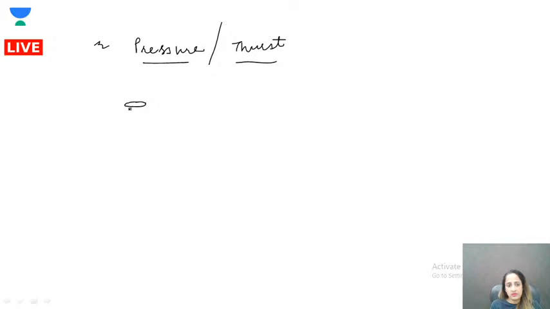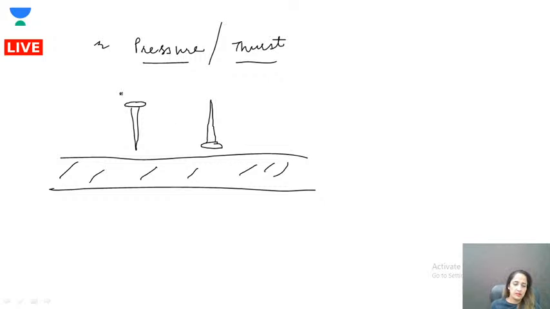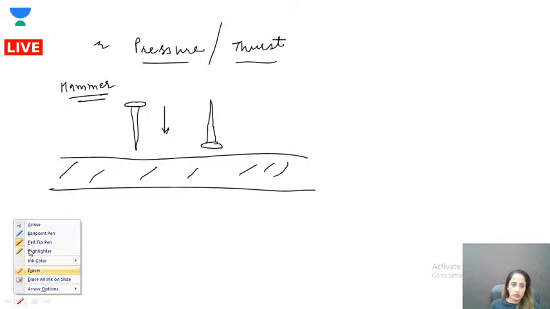Okay, now let's say we have this nail, right? And we have this nail, and I want you guys, this is a wooden log, okay? And I want you guys to hammer this nail into the wood. Okay, that is what I want you guys to do. So what will you do?